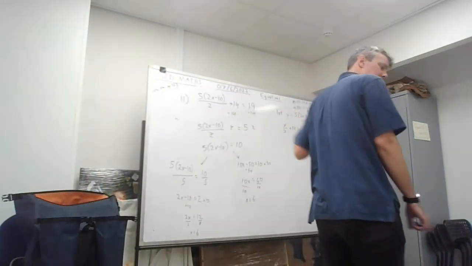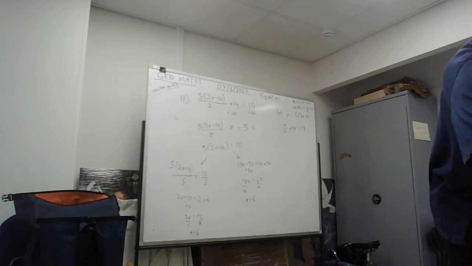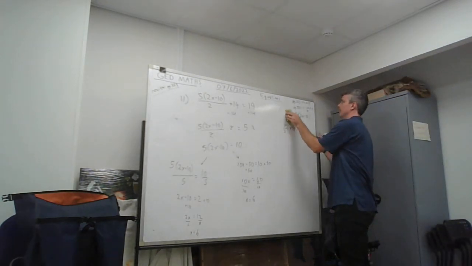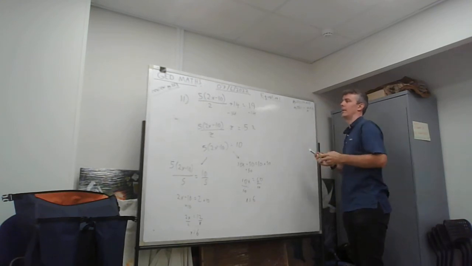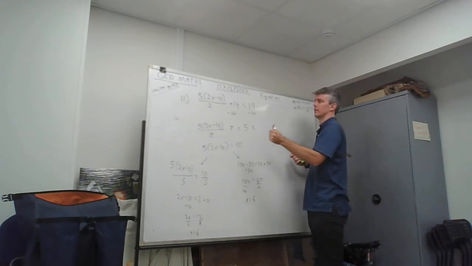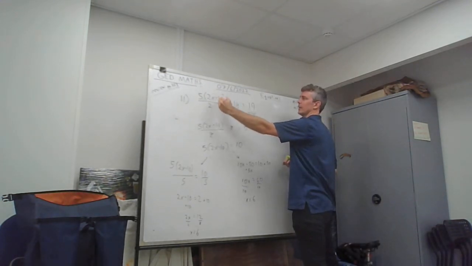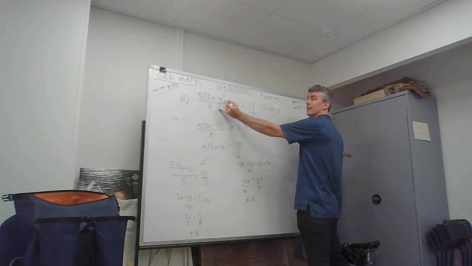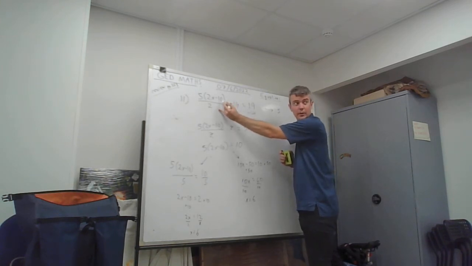Alright, so I realized, looking at this one, there's actually another way we could solve it. If we go from here, this could become 5 times, and we see there's a 2x and a minus 10. Both have a 2 in them.